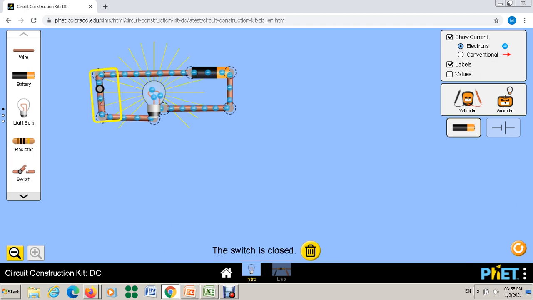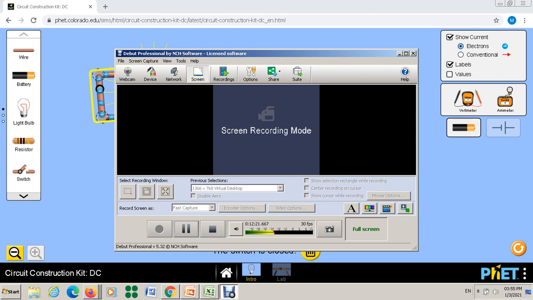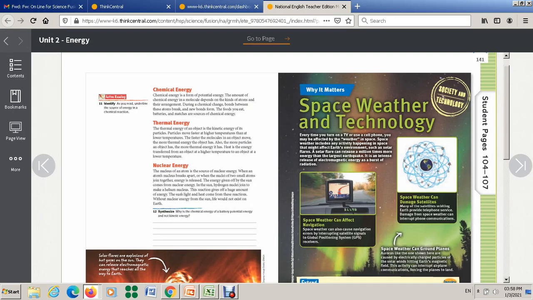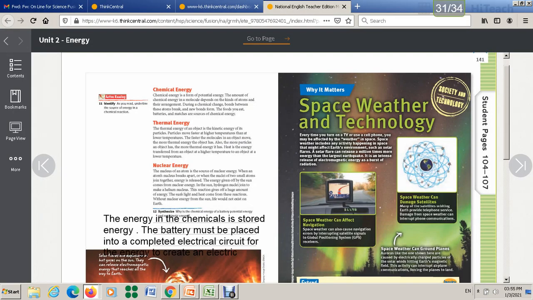Once you close the circuit, the chemical energy will start to push the electrons inside the wire and make the electric current. I'm going to write the answer, so copy the answer for question 12 in your notebook.